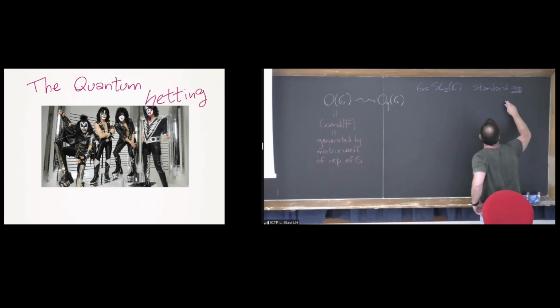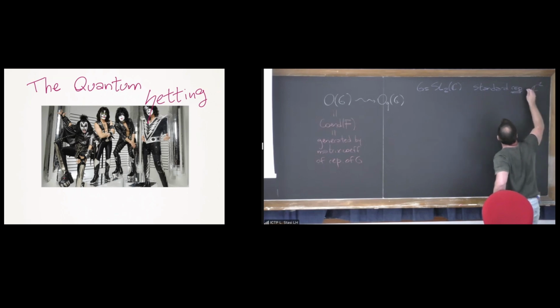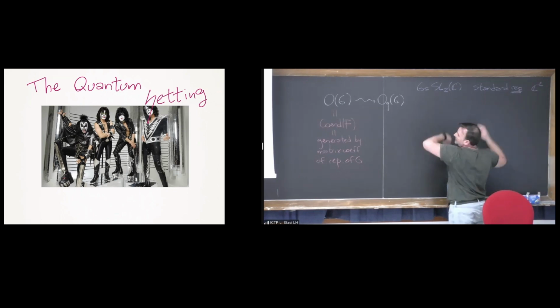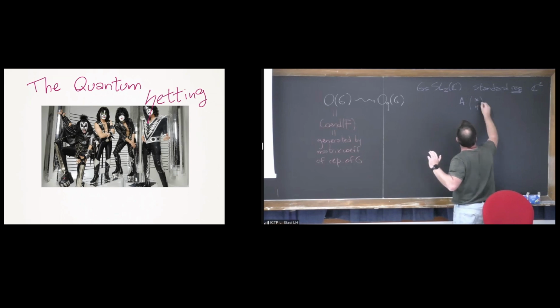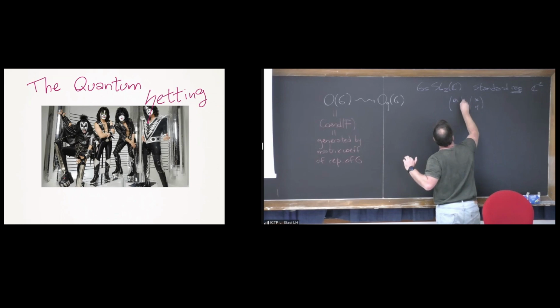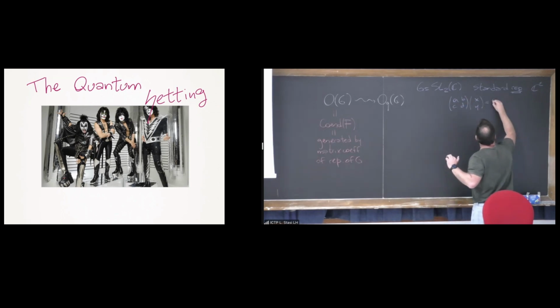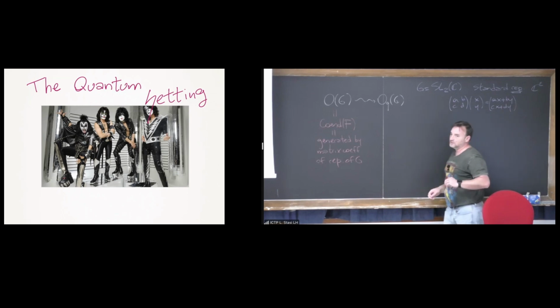The standard representation is just the action on column vectors: a matrix times a column vector (x, y). Matrix (a, b; c, d) gives the multiplication (ax plus by, cx plus dy). This is the standard representation, and with these matrix coefficients, you generate everything.